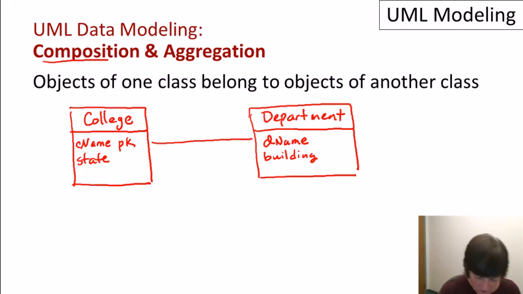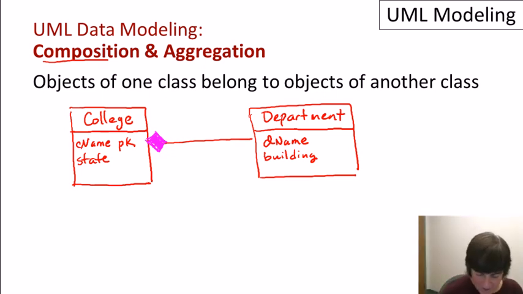And the way composition is written is by putting a diamond over here on the end of the association. So composition is really a special type of association. And we'll fill in that diamond here to indicate composition. Aggregation happens to have an empty diamond, which we'll see in a moment.